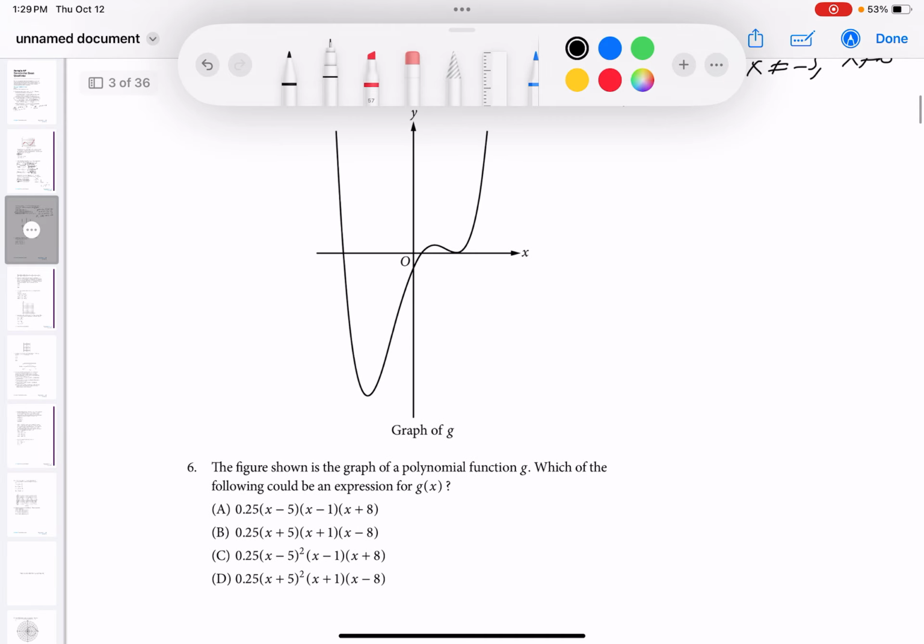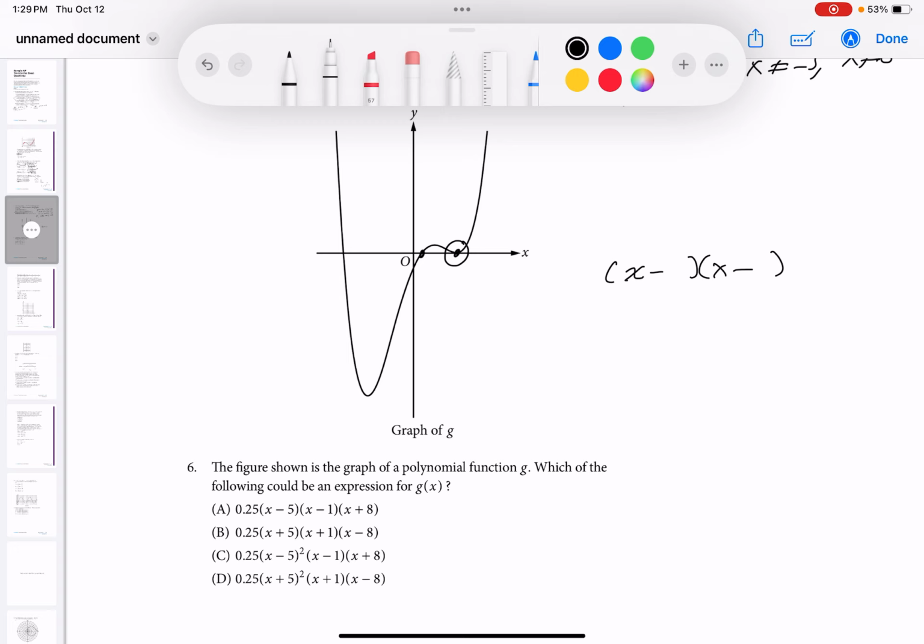All right, number 6. They're kind of complicated questions over here, but I noticed that they're giving me a picture of g, and they're asking me which one it could be. And there's no numbers here, but I do know something about this. I know there are 2 positive roots, and that means I'm going to have factors like x minus some positive number.